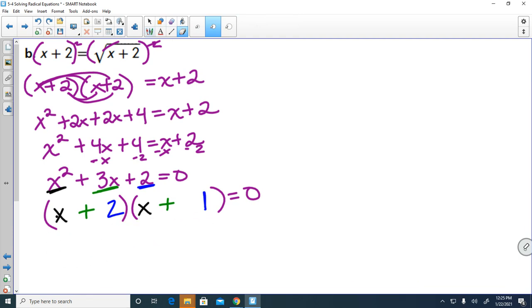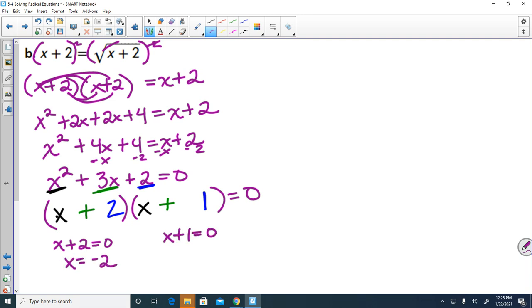All right, then I can solve by setting each factor equal to 0. So x equals -2 and x equals -1. Again, it looks like I have 2 solutions to this problem, but I still need to check for extraneous solutions.